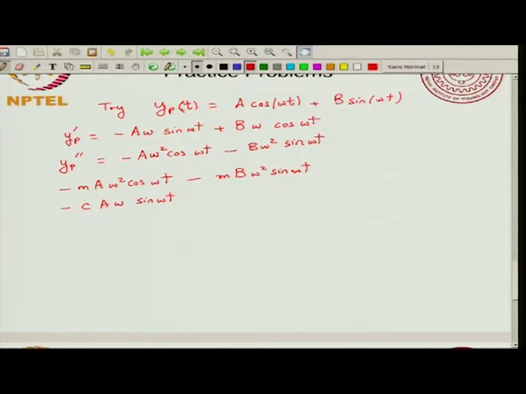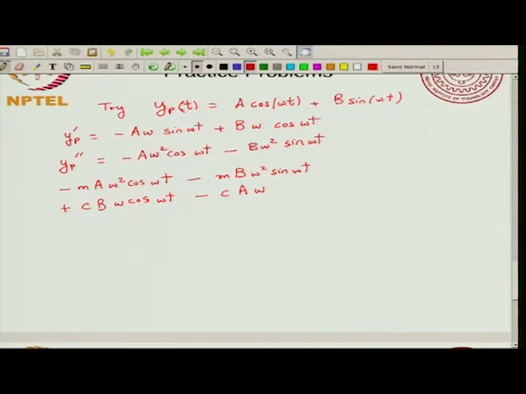Now again I will collect the sine terms and cosine terms separately. So c times y prime gives plus c b omega cosine omega t minus c a omega sin omega t.